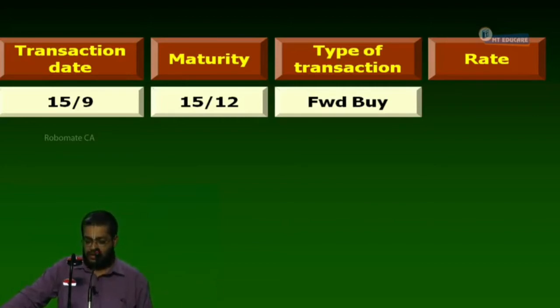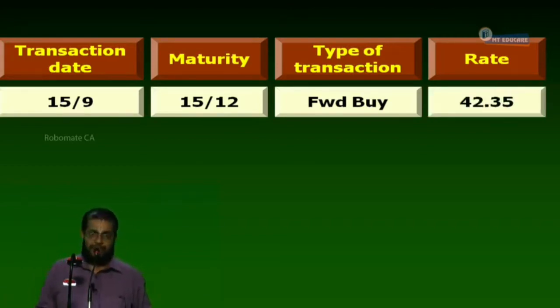Spot offer rate, 41.40. But can I buy at 41.40? No. I want to buy at the forward rate. What is the 3 months forward swap point? 95. So 41.40 plus 0.95 is 42.35. Originally I agreed to buy on December 15 for the forward contract at 42.35.